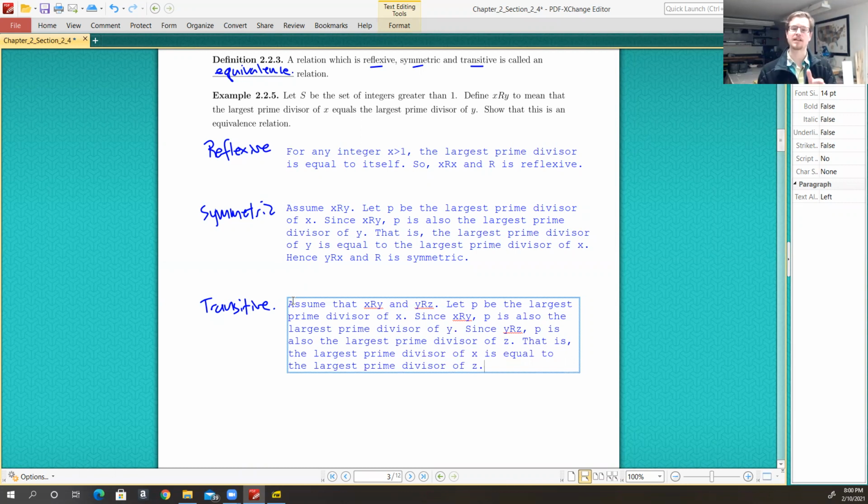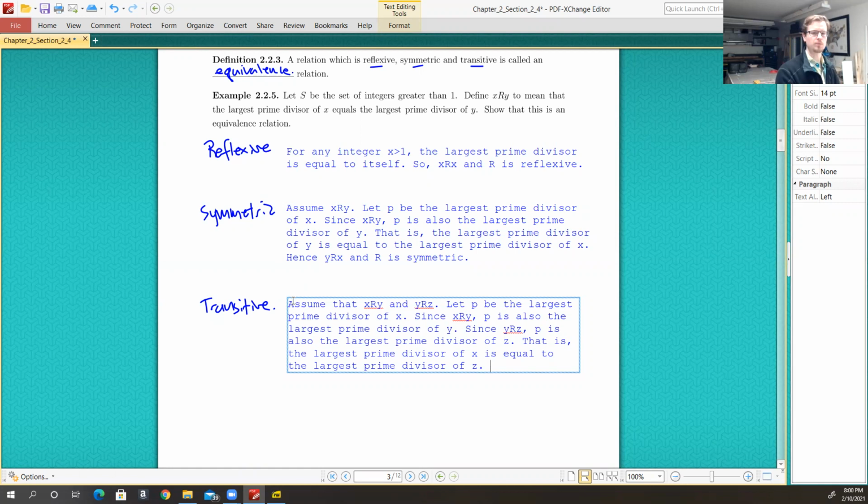That statement is what allows us to say that x is related to z. Once I have made that statement, once I've said that the conditions are satisfied for it to be related, then I can say they are related. Explicit conditions explicitly met.